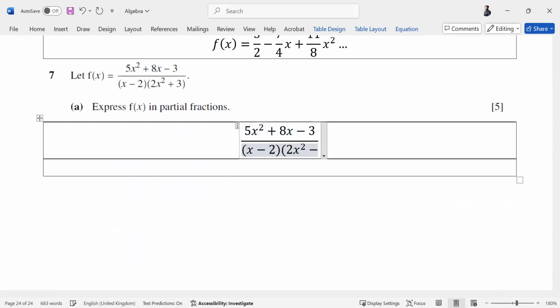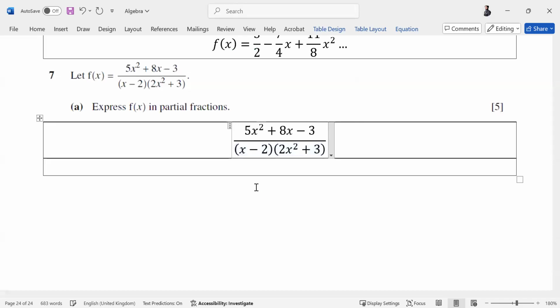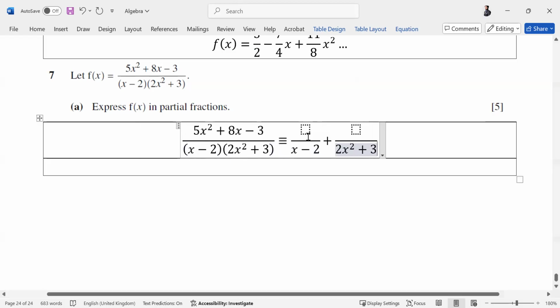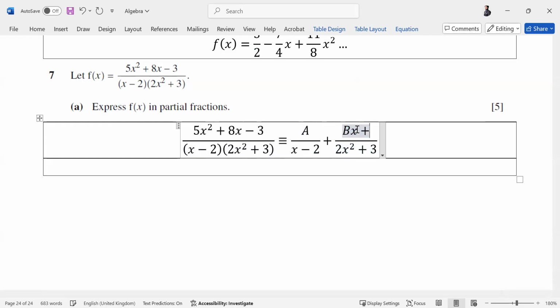The order is 2 and so one of the denominators is x minus 2 and the other one is 2x square plus 3. What about the numerators? With x minus 2, what will be the numerator? Just a constant. Very good. And with the quadratic, it will be a linear term.